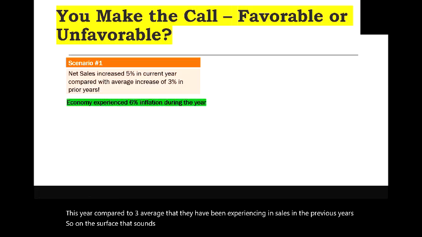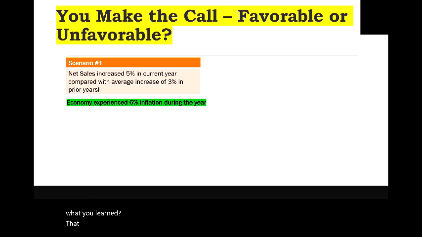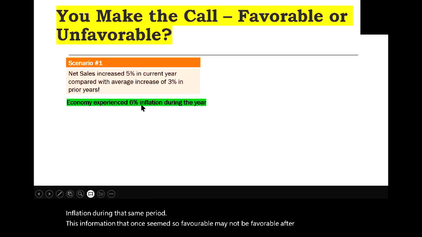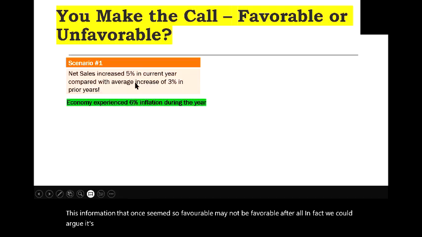But what if you start asking questions and this is what you learned? That the economy experienced 6% inflation during that same period. Now, this information that once seemed so favorable may not be favorable after all. In fact, we could argue it's unfavorable because all or most of the increase in sales was probably due to inflation, right?